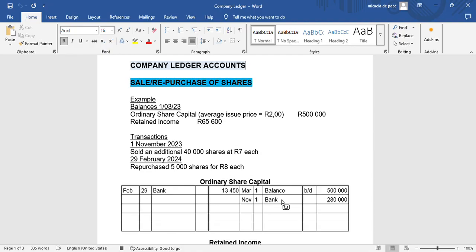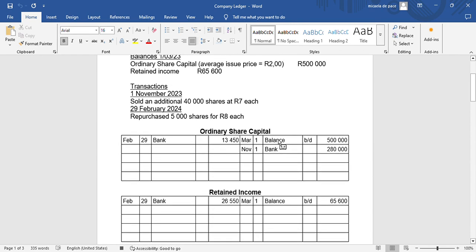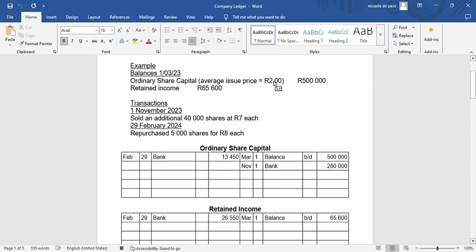Whenever you deal with the repurchase of shares, the first thing you need to work out is the average issue price. You were told the average issue price was 2 Rand here. However, it is going to change now because we've sold more shares. So to calculate the average issue price, you take the total amount of money you've received, which is 780,000, and divide that by the total number of shares, which is the 250 plus the 40.